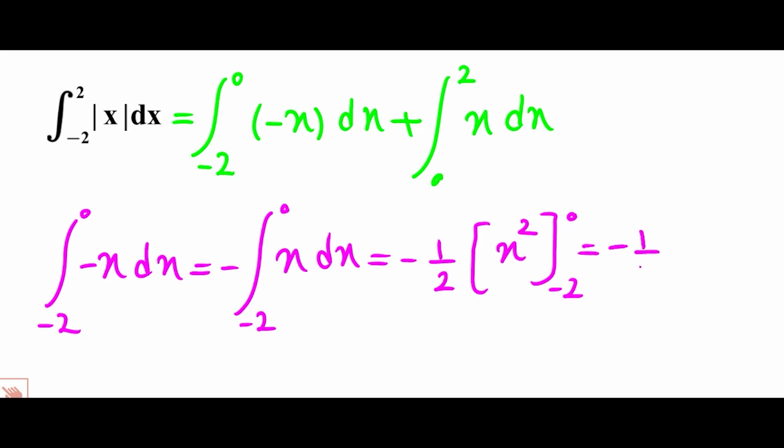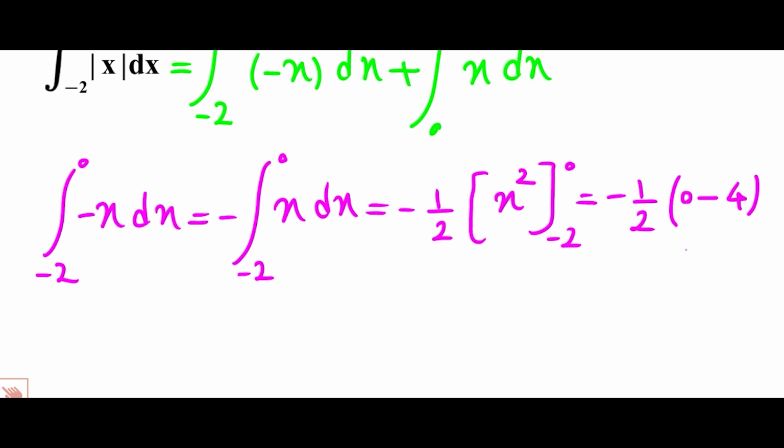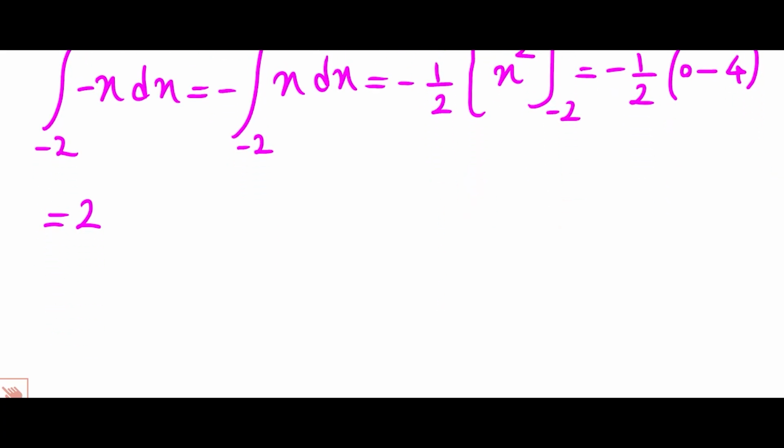So we have -1/2 times, if x equals 0, so we have 0 minus if x equals -2, so we have -2 squared means 4, right? So the answer is -1/2 times -4, we have +2, right?